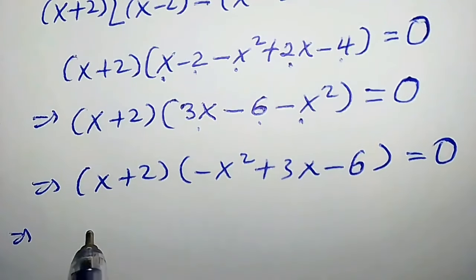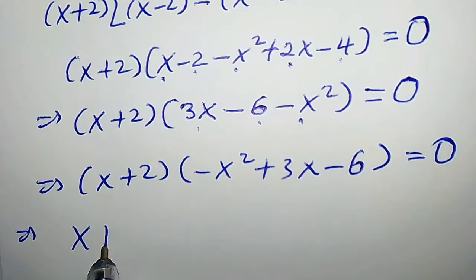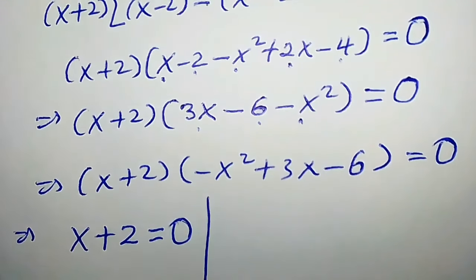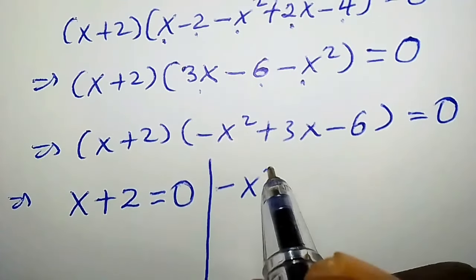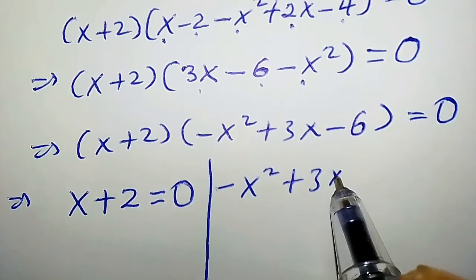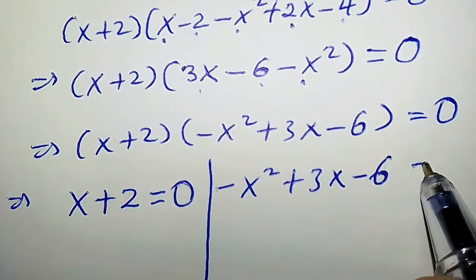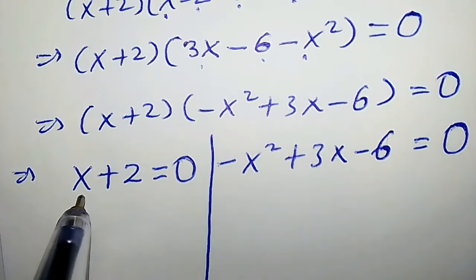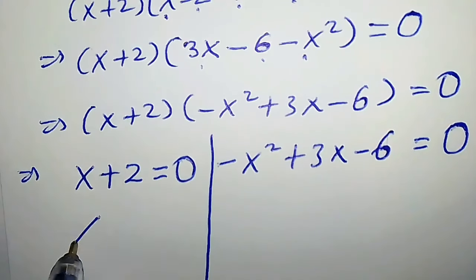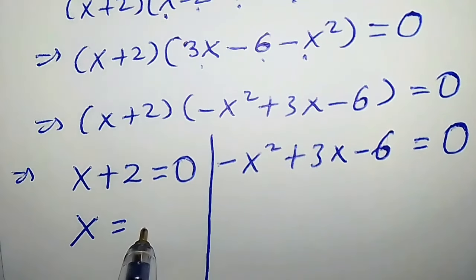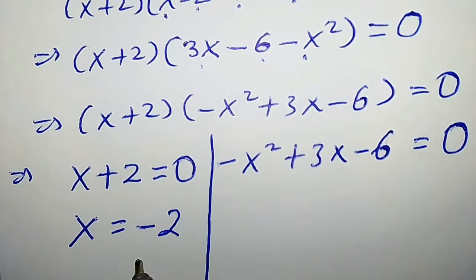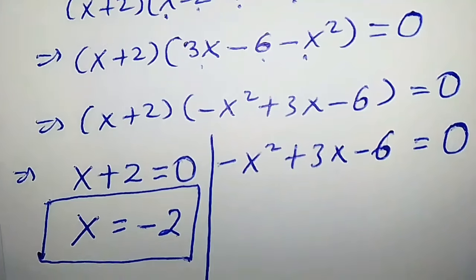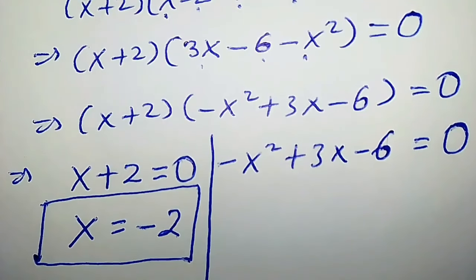This means that x plus 2 is equal to 0, or minus x squared plus 3x minus 6 is equal to 0. Wow. Clearly, from this line, x is equal to minus 2. This happens to be the first solution. x equals minus 2.